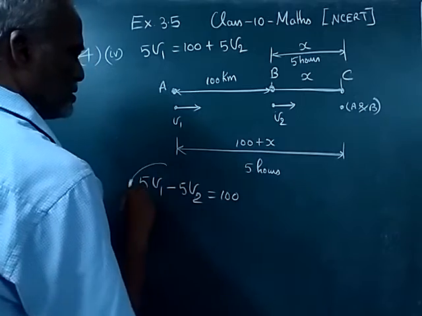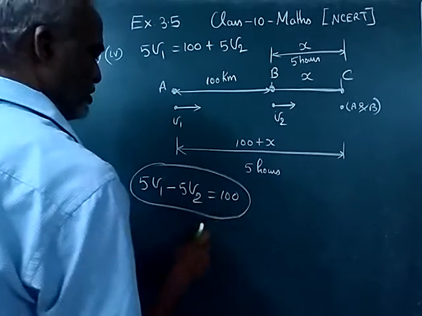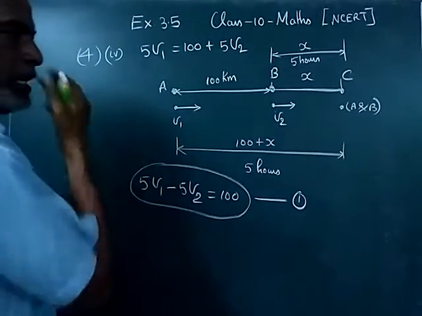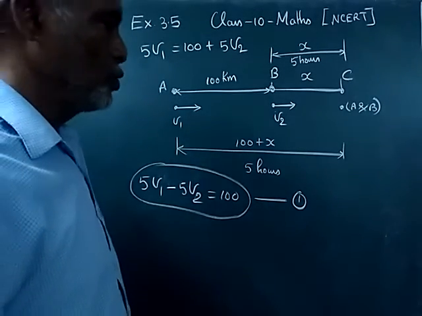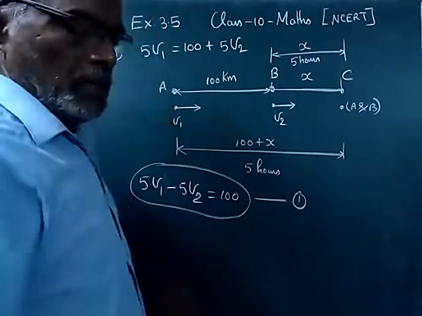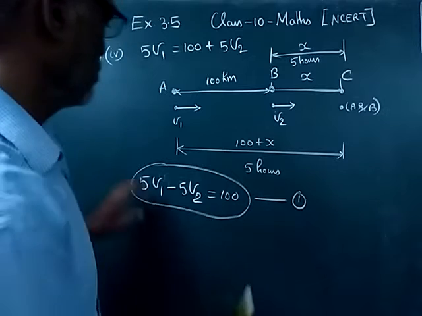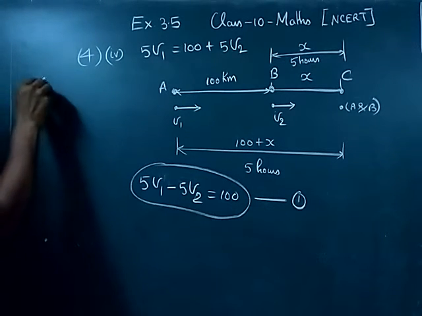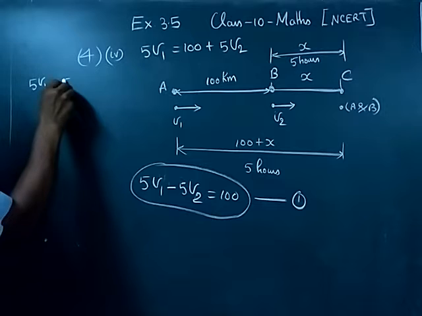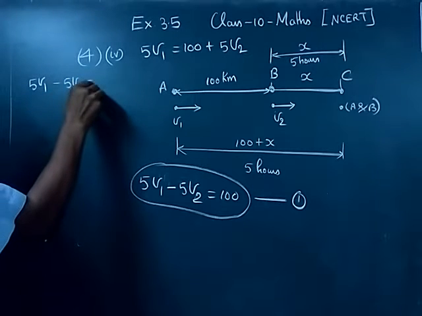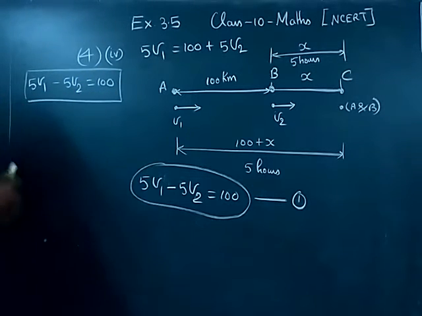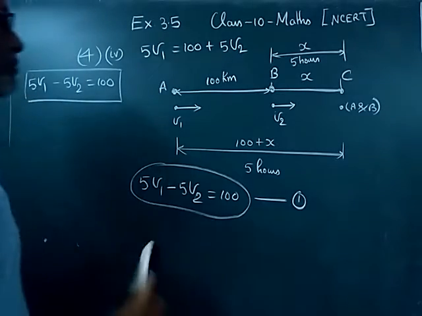So this is equation 1. Now we have to go for equation 2. The second case is, so let me place this equation here, that is 5v1 minus 5v2 equal to 100. This is equation 1. Now we go for the next part of the question.